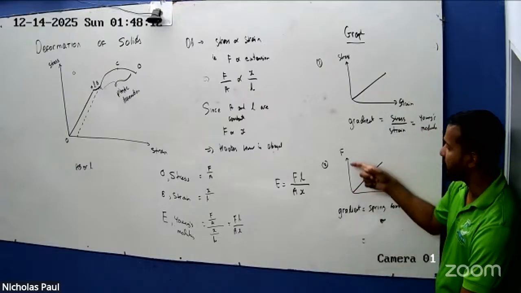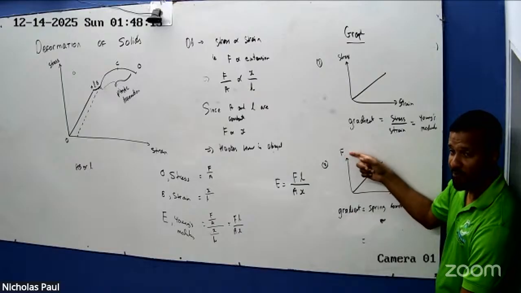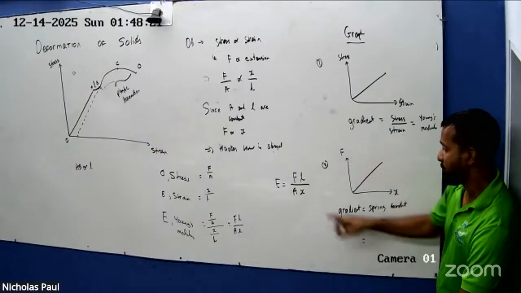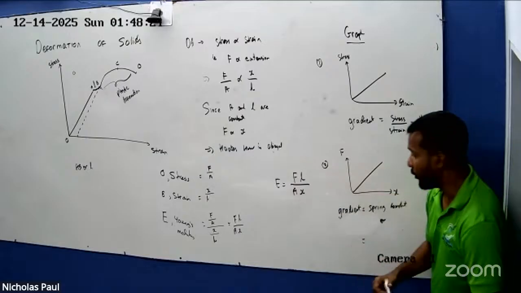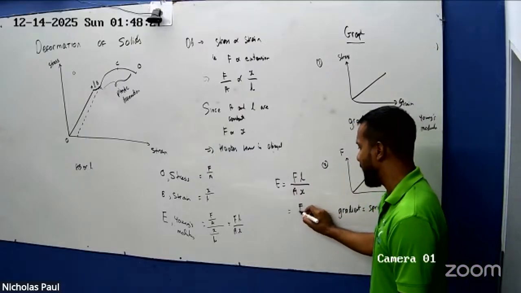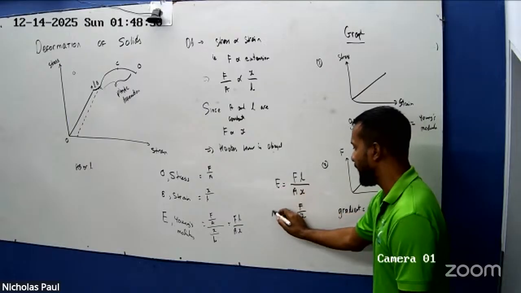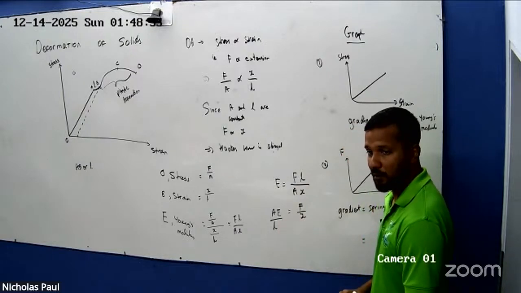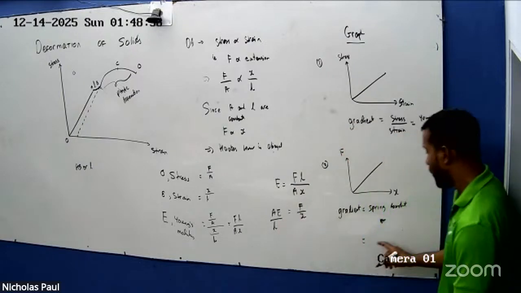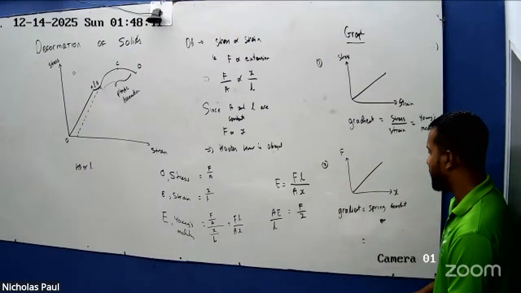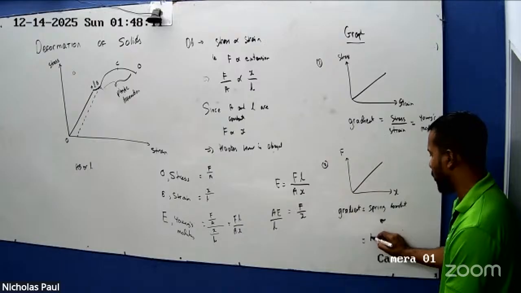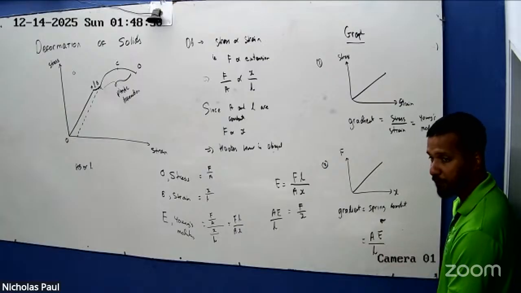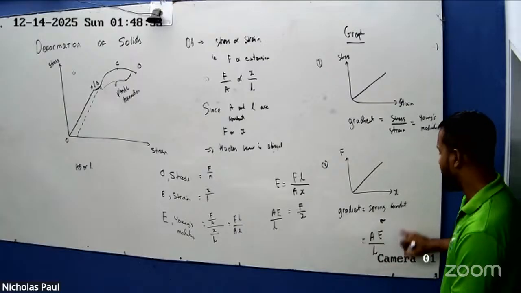Gradient is normally what's on the y divided by what's on the x. So it's F over X, right? Can I leave F over X here and move across the A and move across the L? So can I say that the gradient is equal to the cross-sectional area times Young's modulus all over the length? That is your gradient.